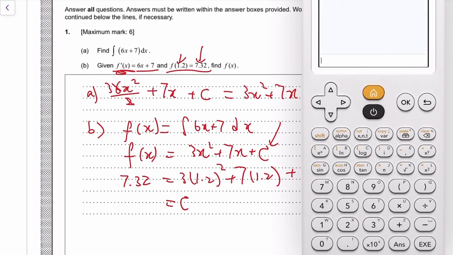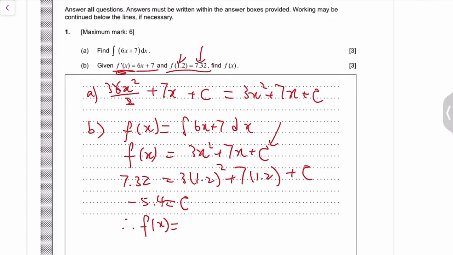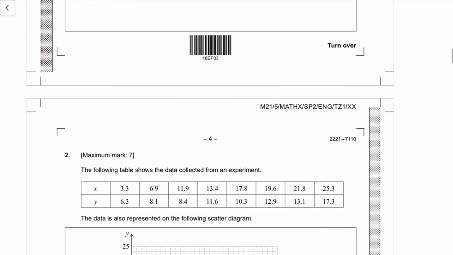I totally feel like skipping actually pressing the calculator, but I guess that would make it a full solution. So C is whatever it is. You should always remember to actually answer the question. So write down what f(x) actually is, because they do want f(x).